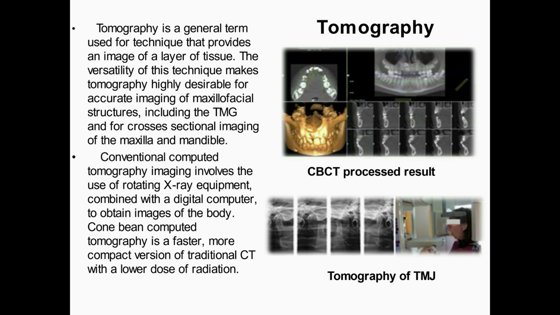The three-dimensional views produced may be useful in certain orthodontic cases, for accurate location of impacted teeth, and a more accurate assessment of any associated pathology, particularly resorption of teeth.